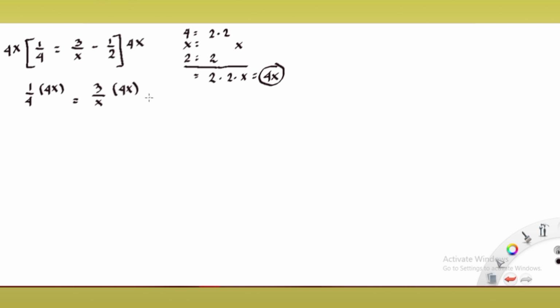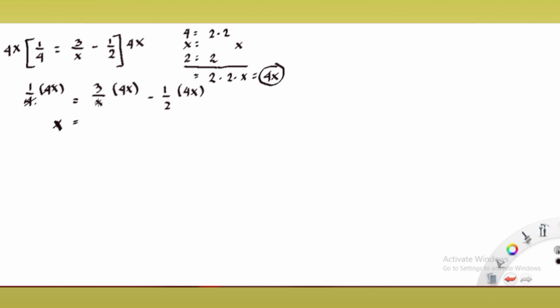And then, minus 1/2 times 4x. Ayan. Okay, sana hindi po malito. And then, multiply natin 1/4 times 4x. Cancel na yung 4 tsaka 4 nito. Okay, equal na yan sa 1. 1 times x is x over 1. Simply x na lang.